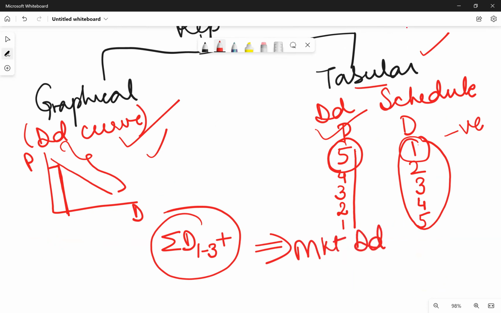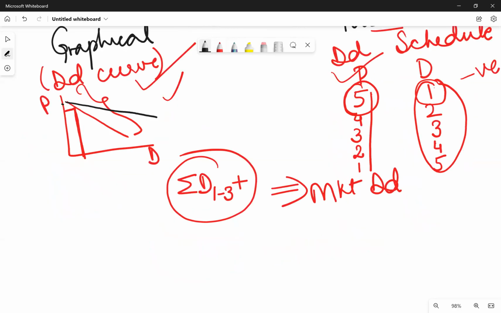Okay, and this market demand curve, simply because it is a summation of the individual quantities that are demanded, will be a flatter curve as compared to your individual demand curve.